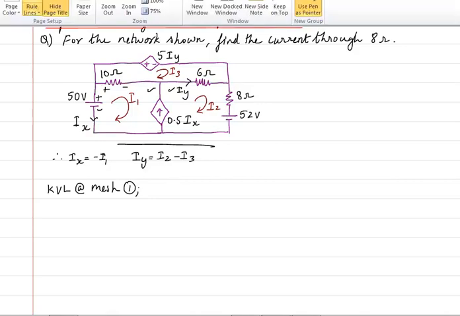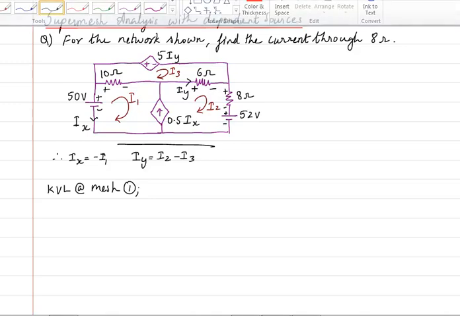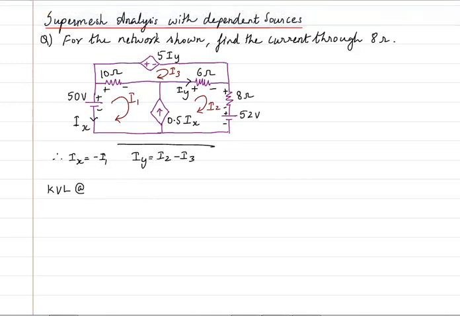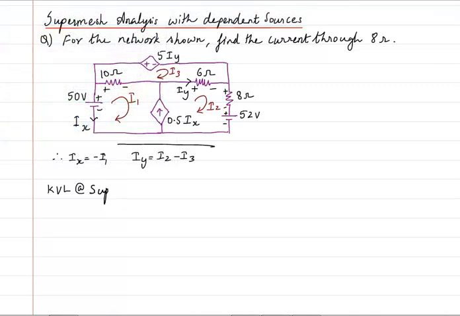If I go that way, then for this particular resistor it is going to be plus minus for I2. Similarly, for 8 ohms, it is going to be plus minus. This is already plus minus, and the change that I have to make is that it's not for mesh 1, but for the super mesh. KVL at super mesh: I will write for the whole big circuit. So let me take back of the bogie. This is going to be minus 50 volt.